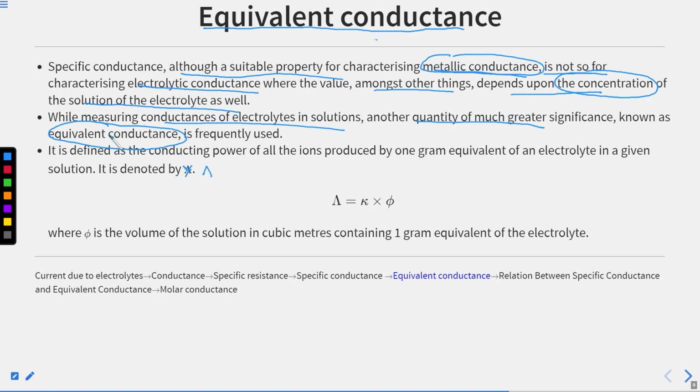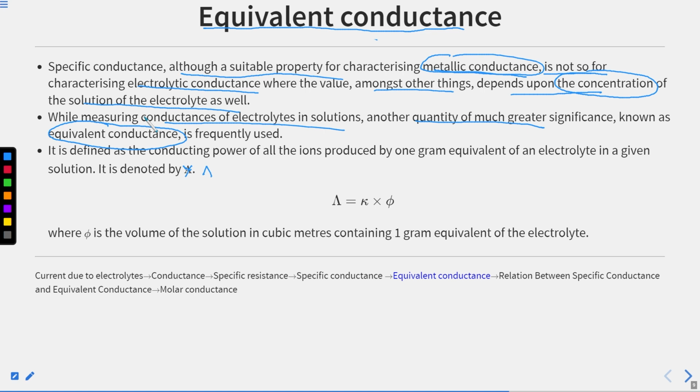So 1 gram equivalent, you know it very well. For those who don't know, may refer to the previous chapter. It is important, this 1 gram equivalent. Basically, if I tell it in a short way, it is basically the molar mass. So the amount of ions that is present in 1 mole of that substance will be your gram equivalent of that electrolyte, or gram equivalent conductance.